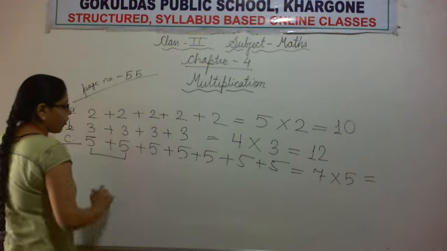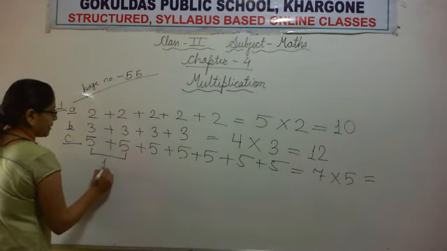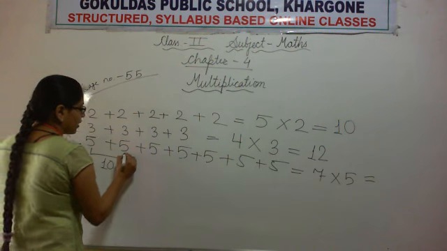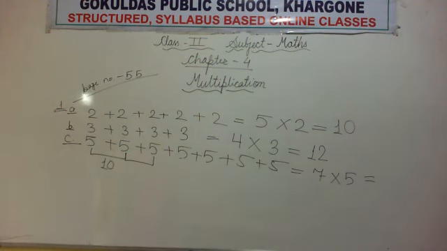5 plus 5. All of you add 5 and 5. 5 plus 5 is 10. Very good. Now add 10 plus 5. Now add 5 more to the 10.